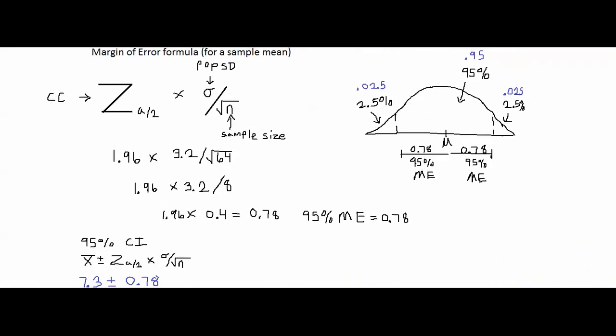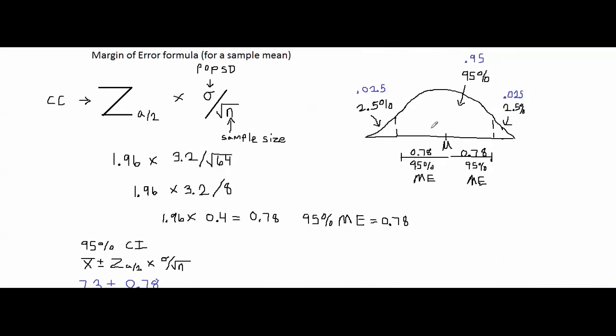Now, if it turns out that my sample came from the middle 95%, and my sample mean is within 0.78 of the population mean in this area right here, then in that case my confidence interval does include the population mean.